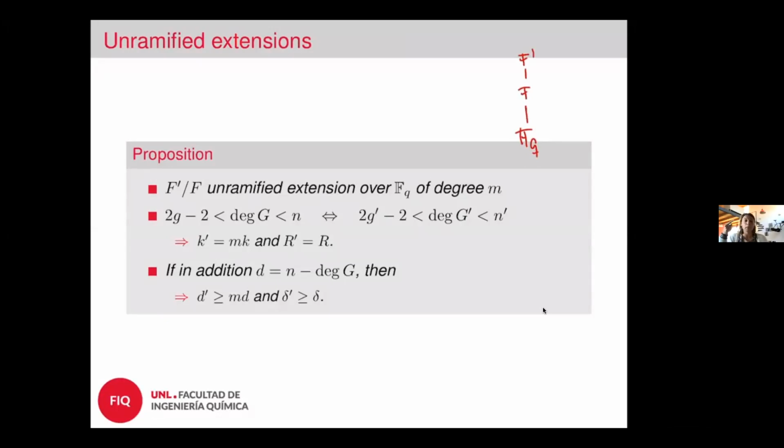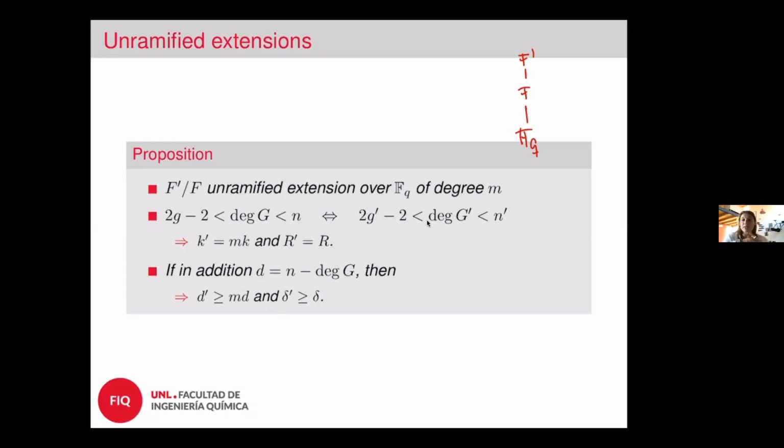And in this case, it's easy to see that if the original code is a strong HG code, that means that the degree of the divisor G is bounded by these quantities, then the conorm code is also a strong HG code, and vice versa. If we have that the conorm code is a strong HG code, then the original code is also.